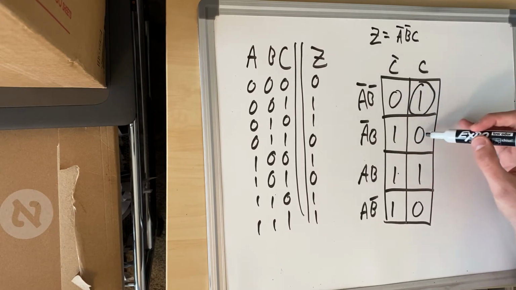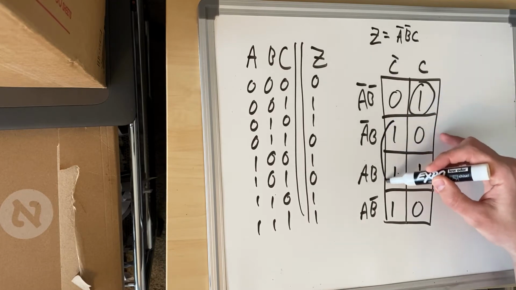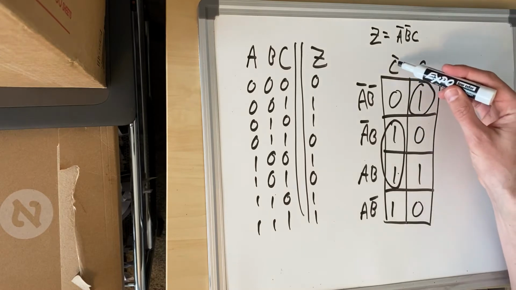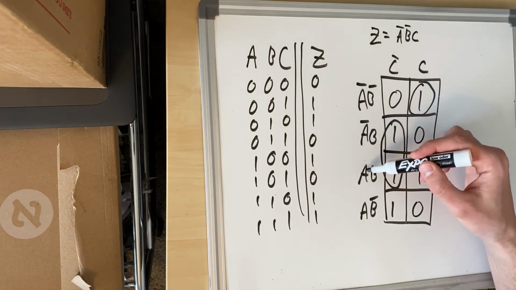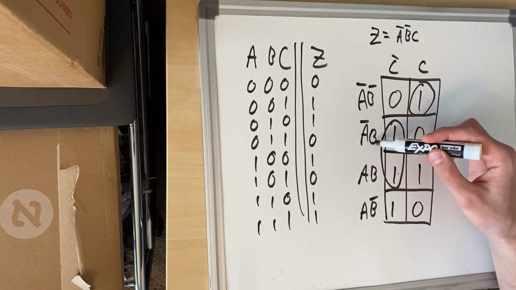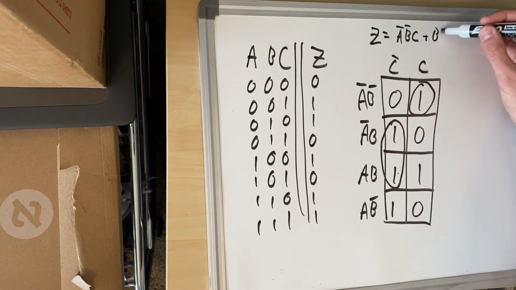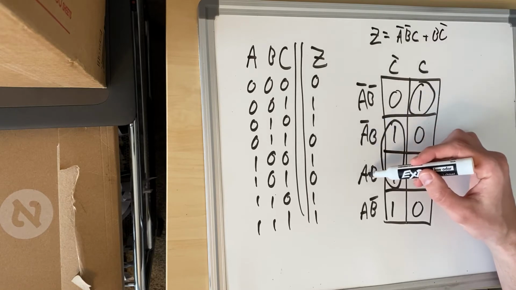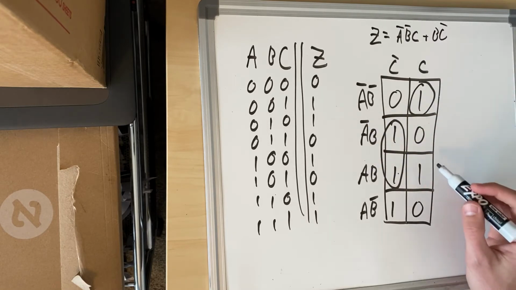Can't go there, can't go there. All right, so best bet is to do this, pull him out. And now what I have here is not C, and then not A and A, so A doesn't matter, but B stays the same. So this one is just B, not C. Because it doesn't matter what A is doing. Whether A is not A or A, it's still a 1. So that's how that works.